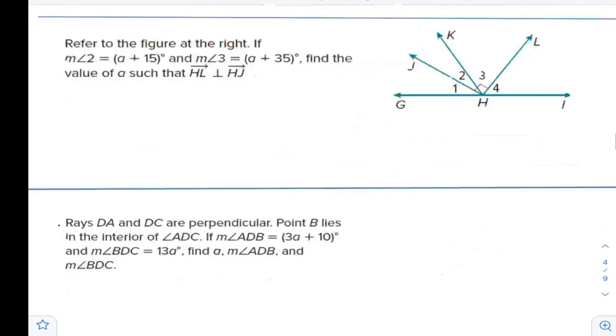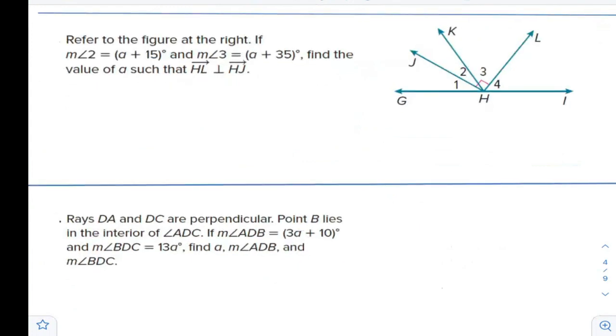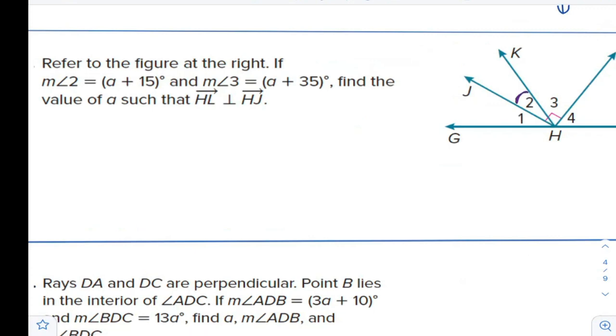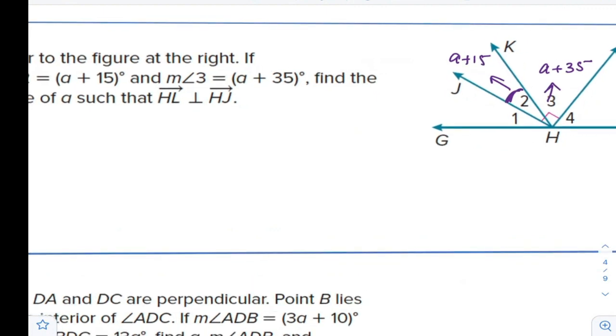Okay. We have here, refer to the figure at the right. If the measure of angle 2, only 2, is A plus 15. Measure of angle 3 alone, A plus 35. Find the value of A such that HL is perpendicular to HG.